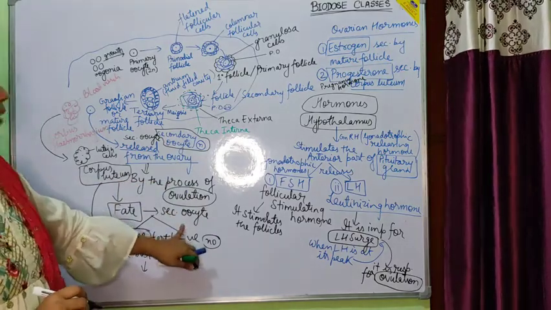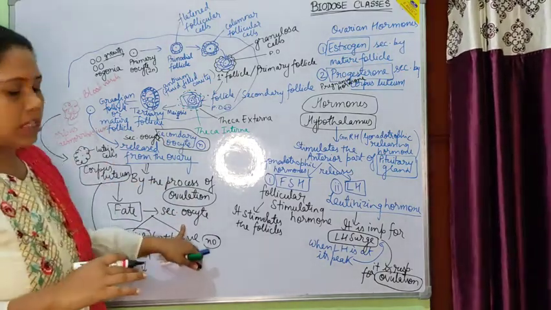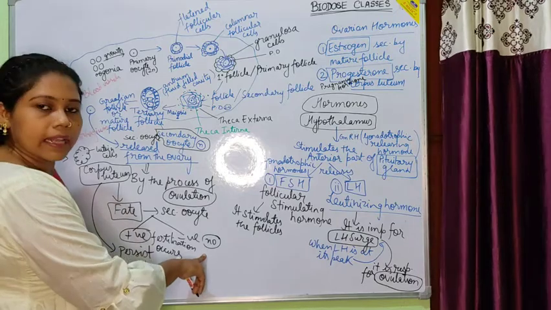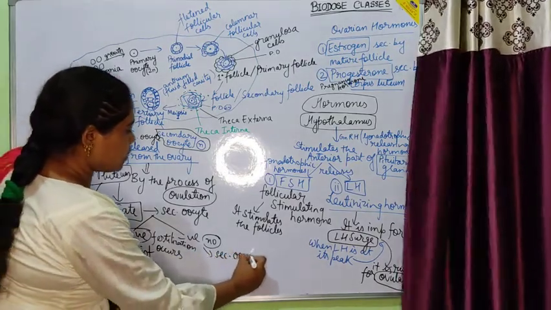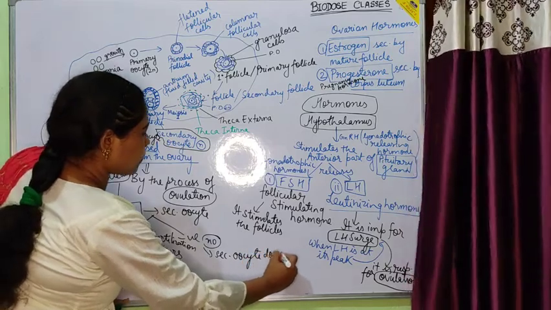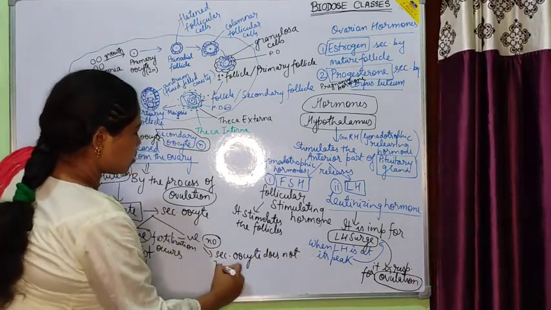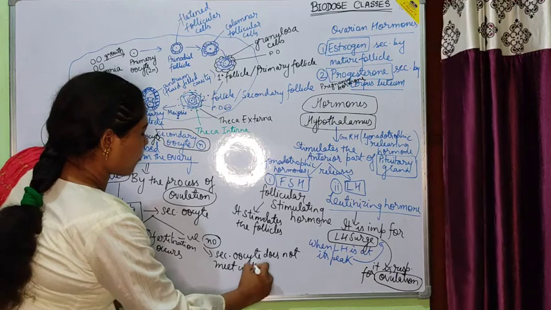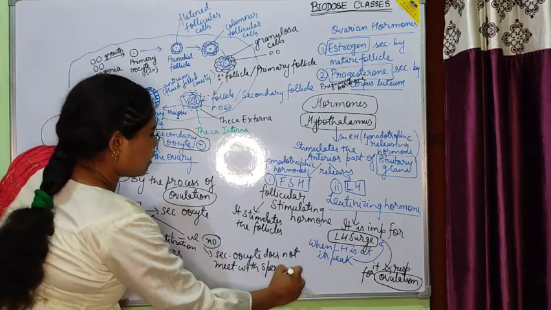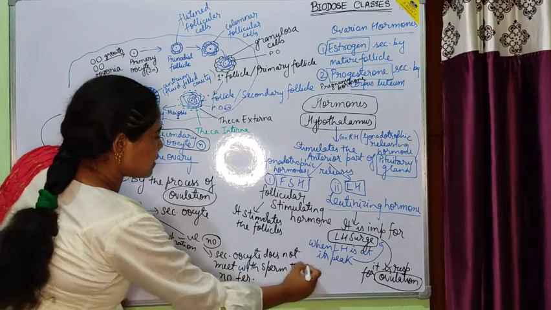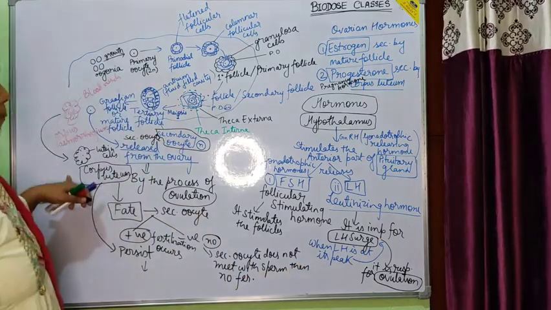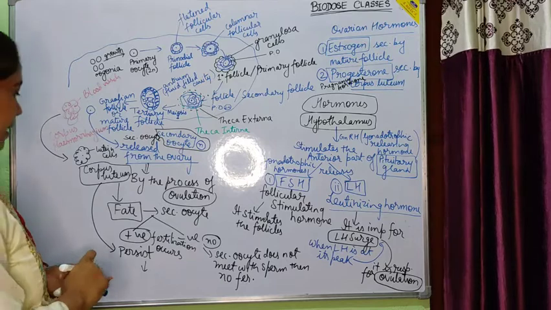If the secondary oocyte does not meet with the sperm, then there would be no fertilization. So we would see here the secondary oocyte does not meet with sperm, then no fertilization, and hence this corpus luteum disintegrates.